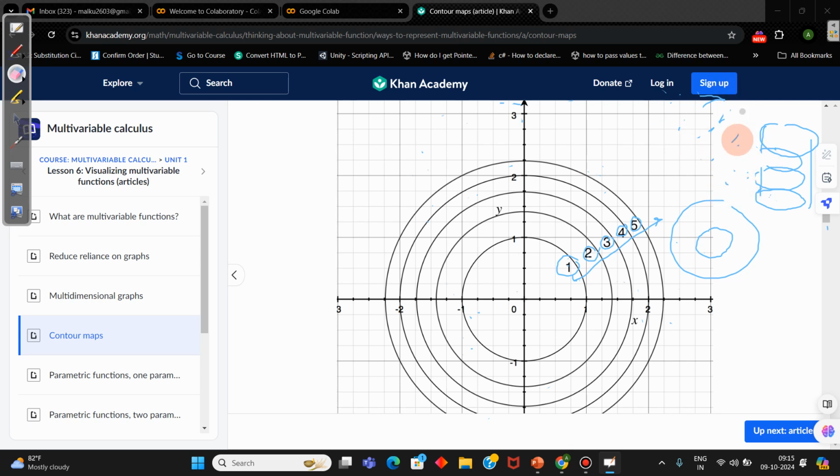So by carefully looking at the curve values, that is the z value, you can understand whether this function has a maximum peak or a minimum peak, like being dug deep into the earth's surface, or rising above like a mountain.